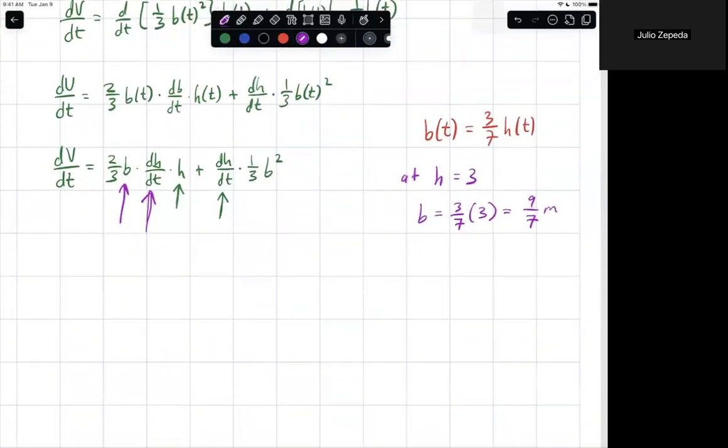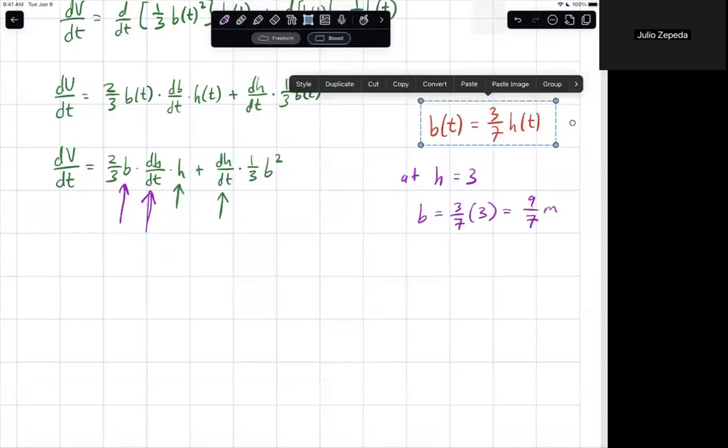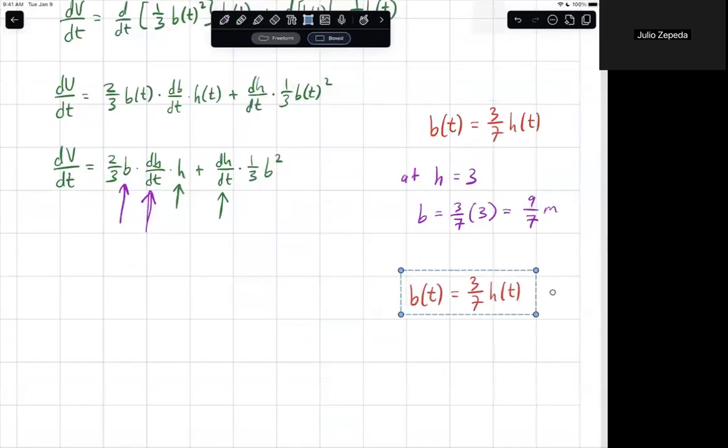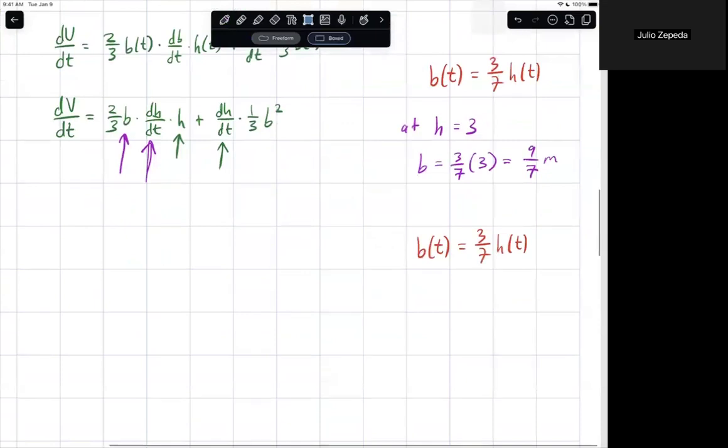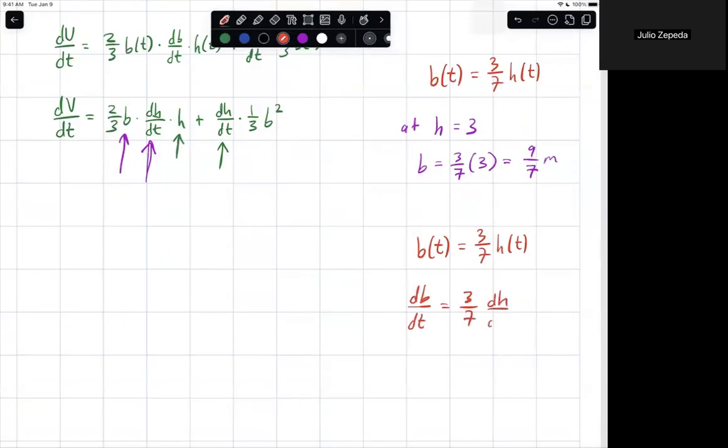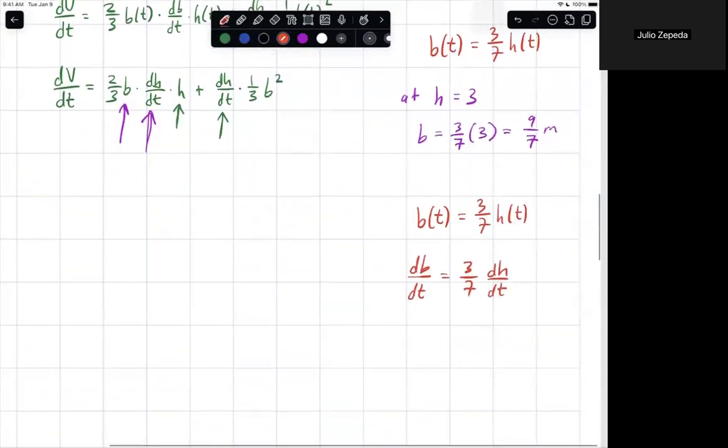Well, you can use this relationship here to relate dh/dt to db/dt. If I take the derivative of both sides, db/dt is equal to 3/7 times dh/dt.